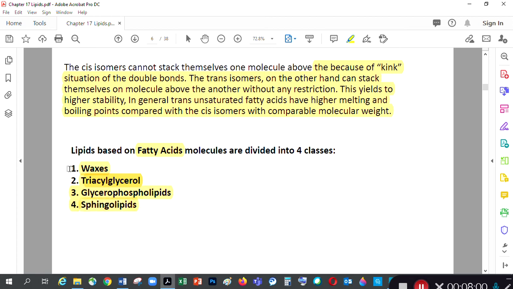We have 4 types of fatty acid-based lipids. So those categories based on the fatty acids, again, let me repeat myself: waxes, triacylglycerol, glycerophospholipids, and the sphingolipids.